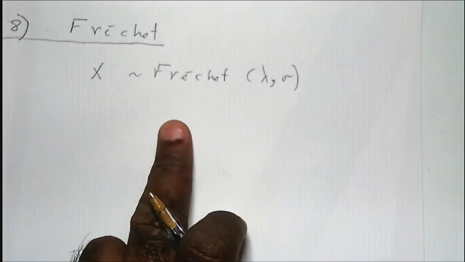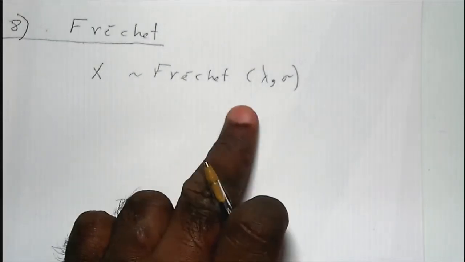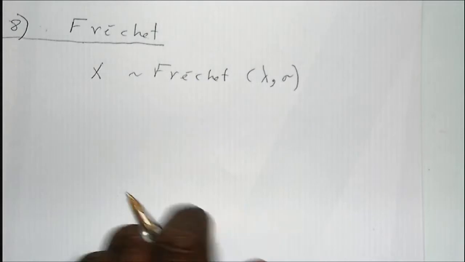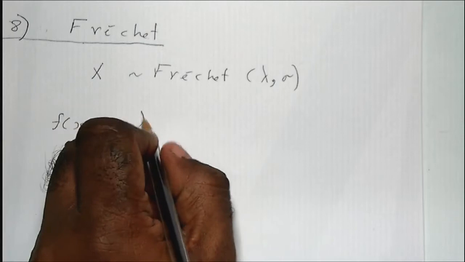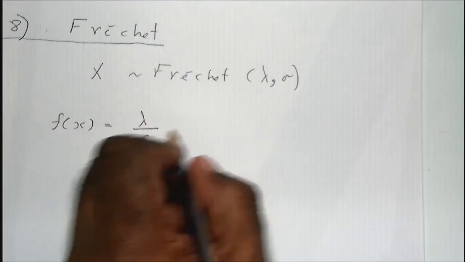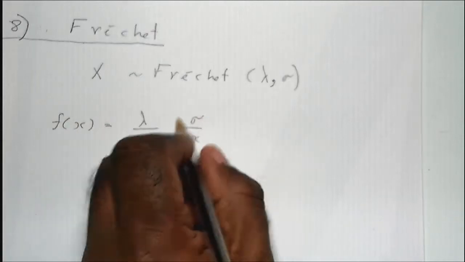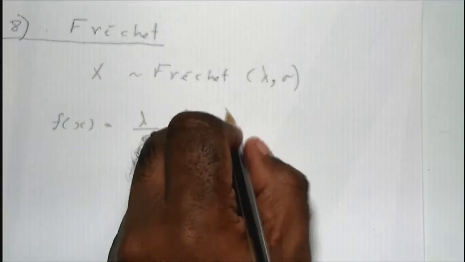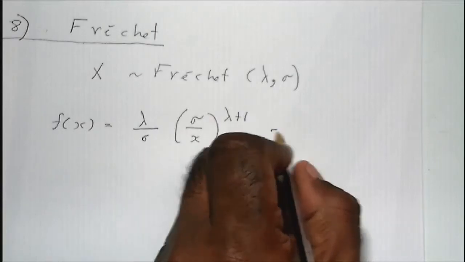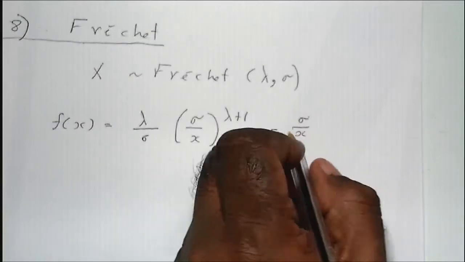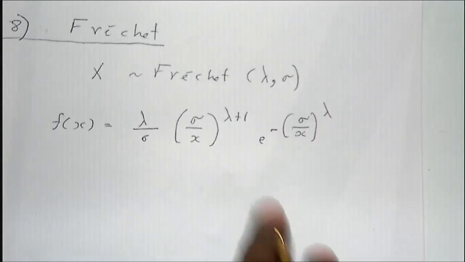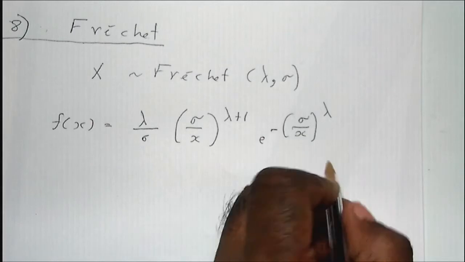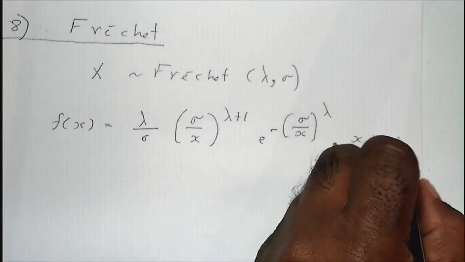This is the notation for a Fréchet random variable with parameters lambda and sigma. The PDF is defined here. This is the density function of the Fréchet distribution, and is defined on the positive real line.